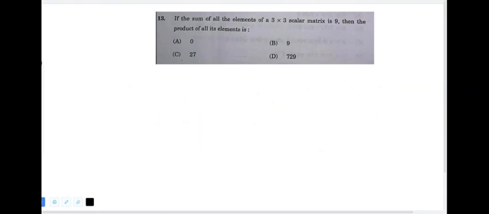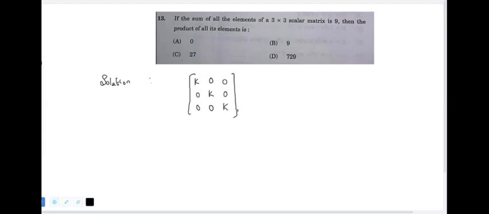Question number 13. If the sum of all elements of a 3 by 3 scalar matrix is 9, then the product of all its elements is. So here what is a scalar matrix?